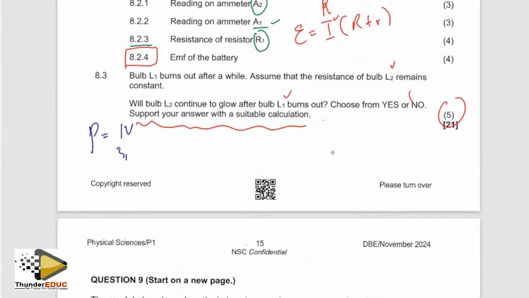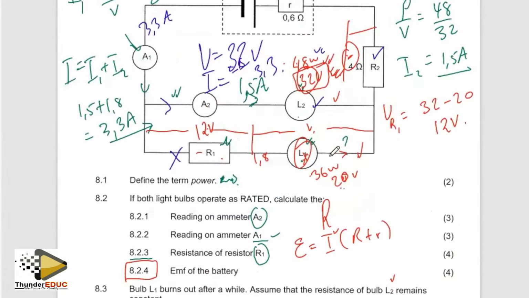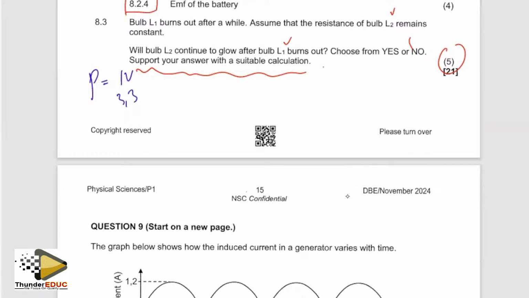The current is 3.3, because it is in series, which means the current stays the same across the bulb and even across the 4 ohm, multiplied by the voltage, which is 32. So 3.3 times 32 gives me 105.6 watts.